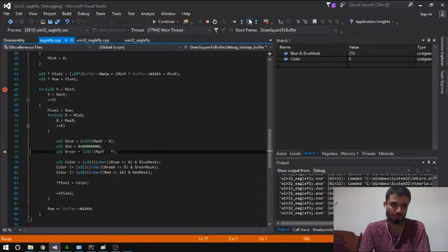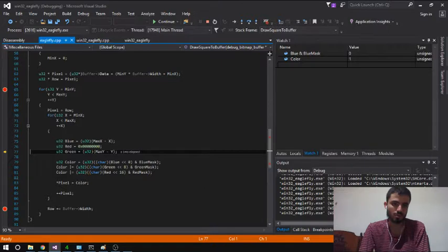Next pixel, and then the color is 255, and the green is also 255 shifted by A, but the green mask is also 0. It doesn't change. Cool. So we have to go to the next Y. I say the pixel is in the next row.